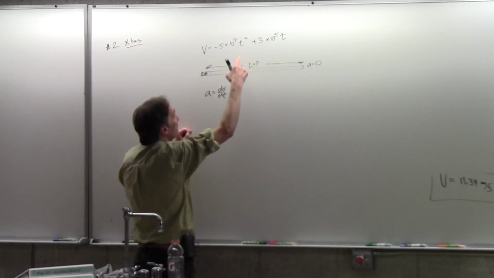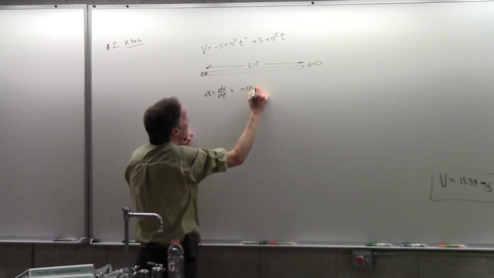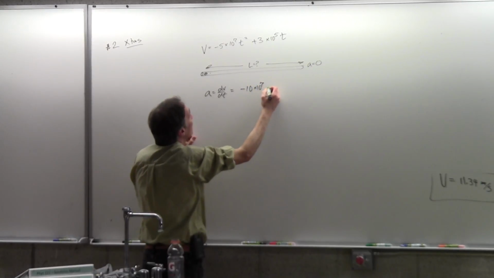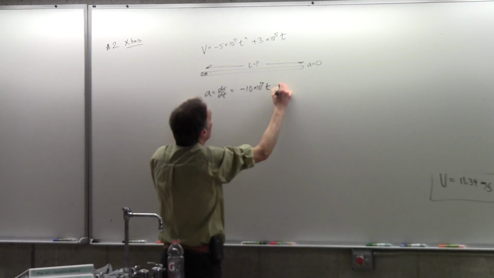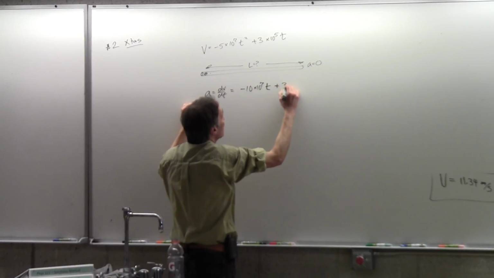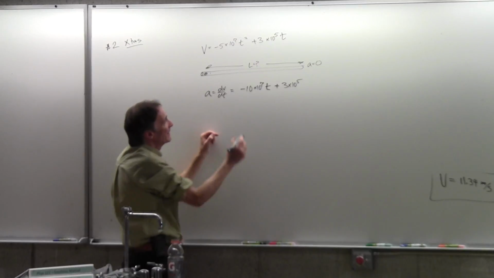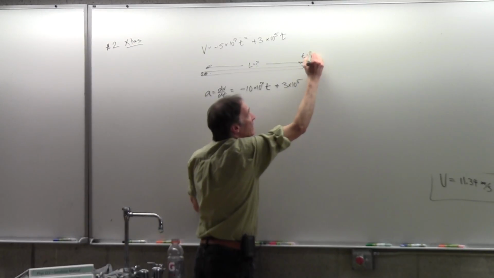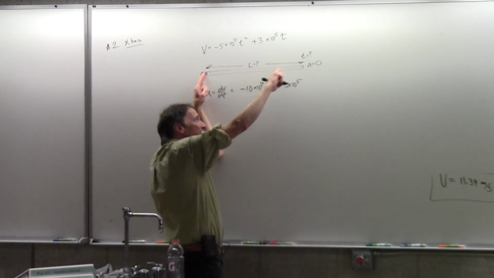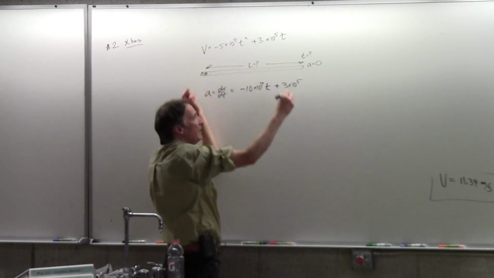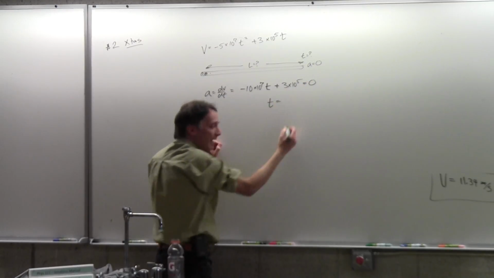So if I take the derivative of this, that 2 comes down, that's going to become a minus 10 times 10 to the 7th times t plus the derivative of that is just 3 times 10 to the 5th. And we want to find, let's say, the time when the acceleration is 0 at the end. That would have taken a certain time that the bullet goes down the barrel, and that should be equal to 0. And we can solve for the time in that one.